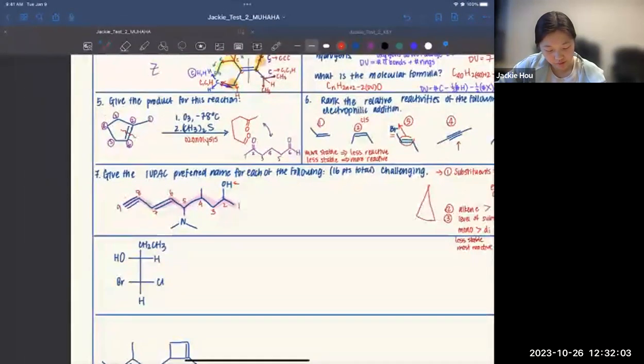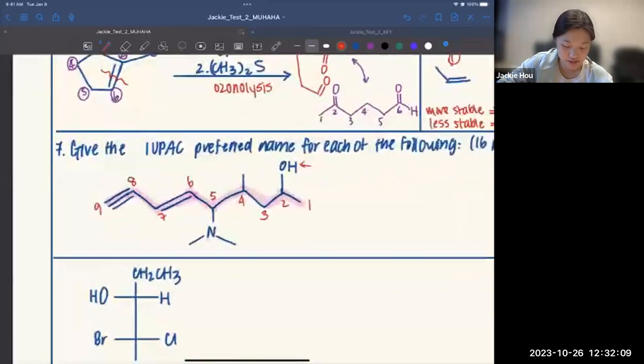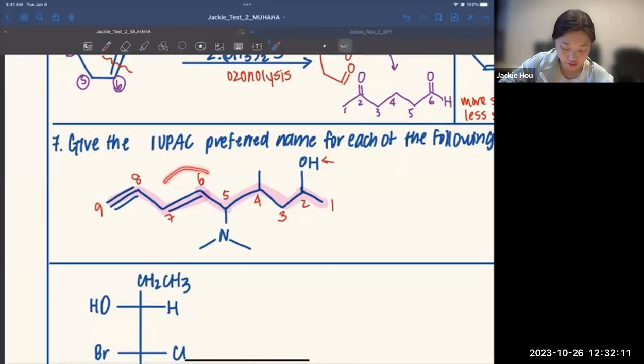And then one thing I want to note before I get started on actually naming everything is I noticed that I have an alkene over here. A lot of people like to find E and Z naming at the very end, but I like to start off with it because I know it's something I will miss.